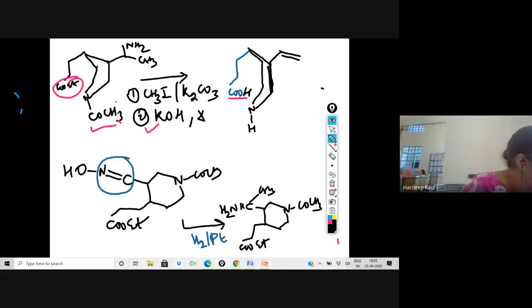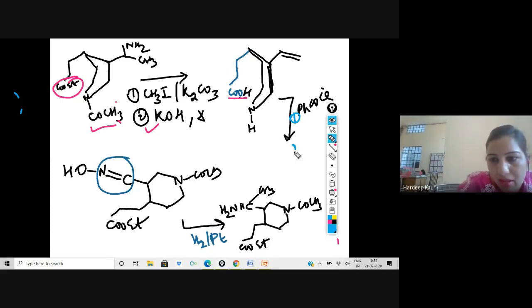Okay. Then after this, again, we protected the N using benzoyl chloride. So we now added benzoyl chloride to protect this NH. First step is protection, and second step is we have converted this acid again into ester using ethanol HCl. Okay.